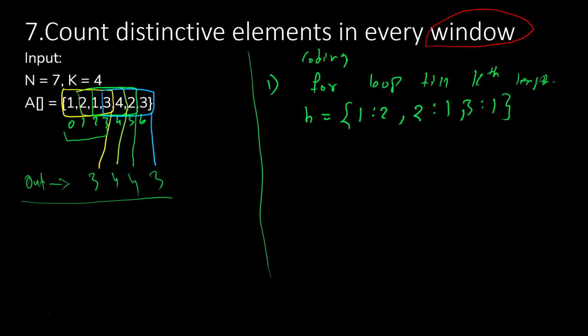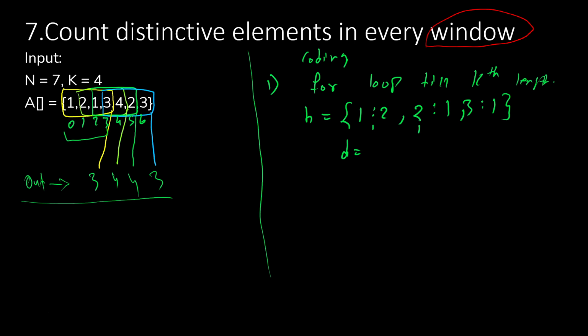Also remember, while adding elements into the hash map, we will also count how many distinct elements there are. If the element is not repeating, it means a unique value is there, right? So when 1 comes into the hash map at the start, we update the distinct value to 1.